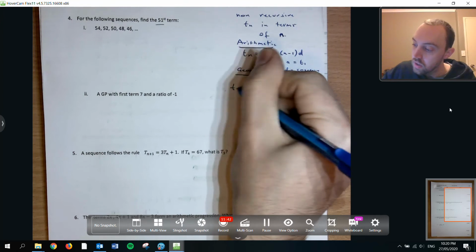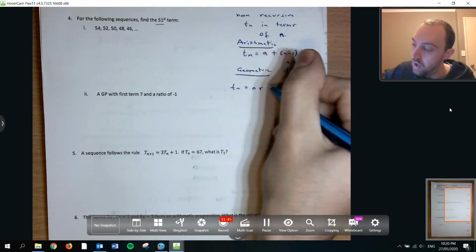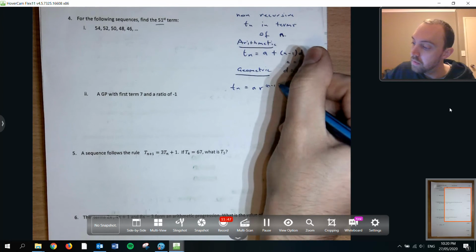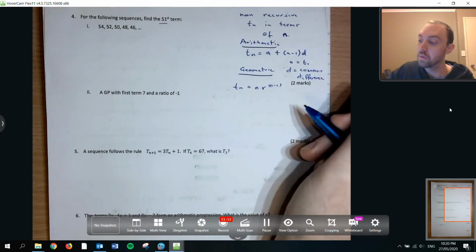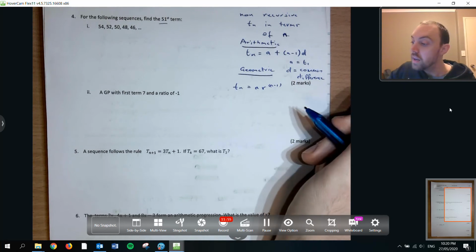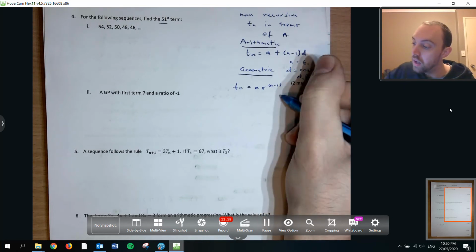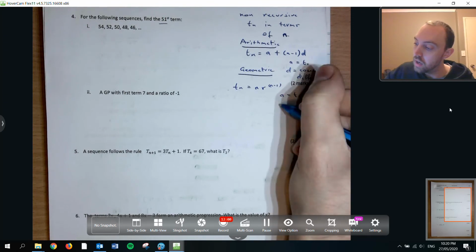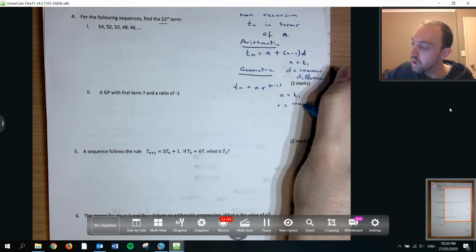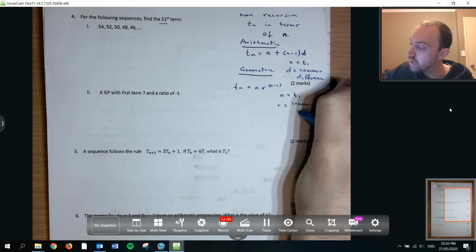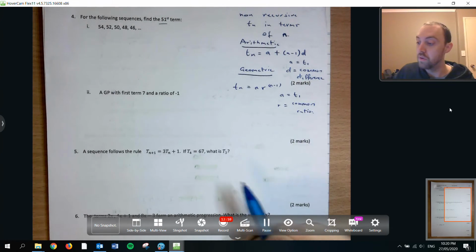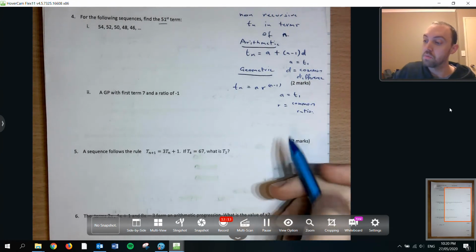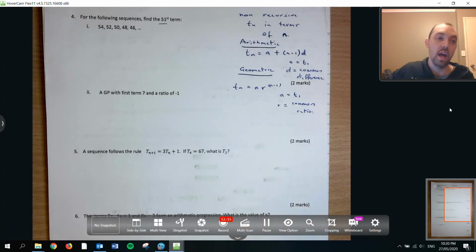Geometric looks kind of similar. We've got r to the power of n take 1. Okay, brackets around that in case you're using a scientific calculator. You want to make sure that you have your brackets there. Cool. A is still T1 and r is your common ratio. There is no rule to jump terms when we have a first order linear, okay, which is when we're both adding and subtracting and multiplying and dividing your previous term.